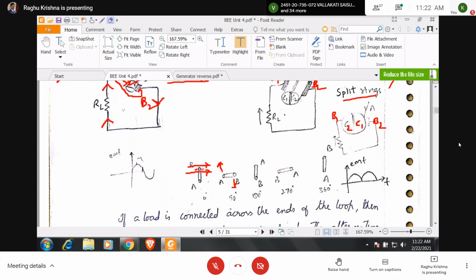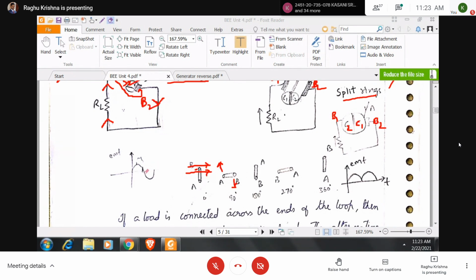Now when it completes the next 90 degrees of rotation, if the plane of the coil is parallel to the lines of force, the magnetic field cut by the conductors will be maximum, and you are going to get the maximum EMF again in this position.